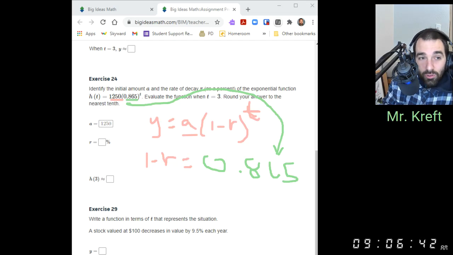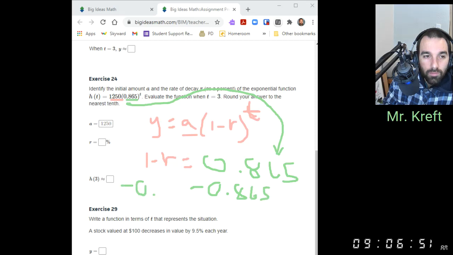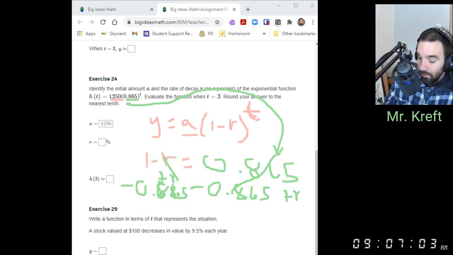So I'm going to solve for R. I subtract 0.865 from both sides, and then I also add R to both sides. So that goes away, those go away.